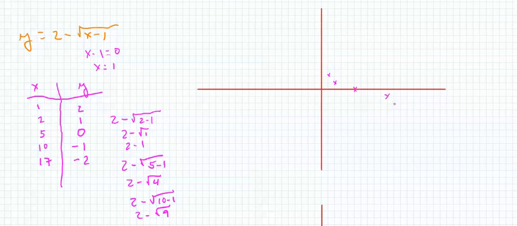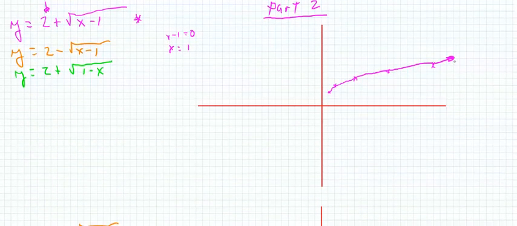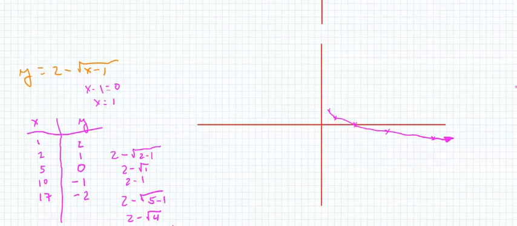And at 17, we're at negative 2. And our graph looks like that. So the graph has the exact same shape as this graph, but this graph goes up, this graph goes down.